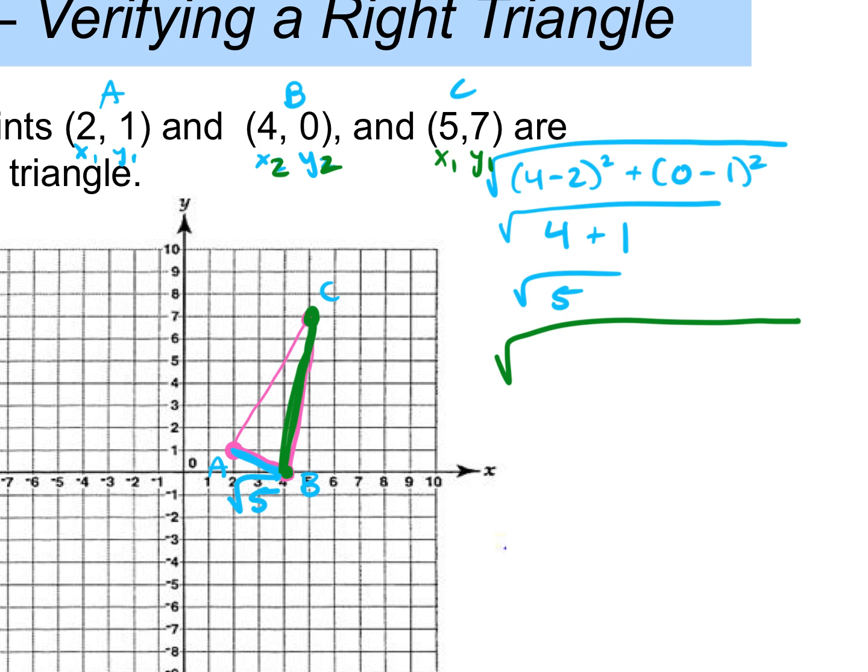So we're going to take the square root of x2 minus x1, which is 4 minus 5, squared, plus y2 minus y1, which is 0 minus 7, squared.